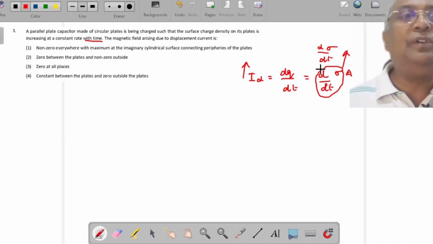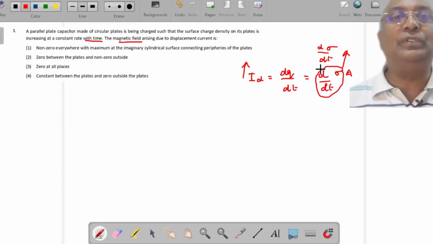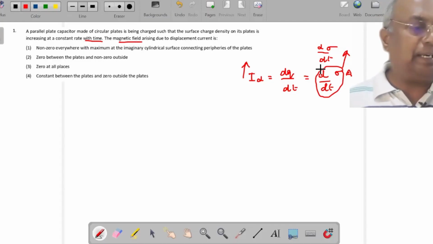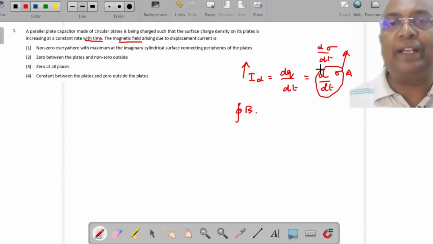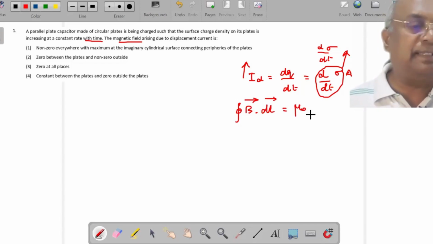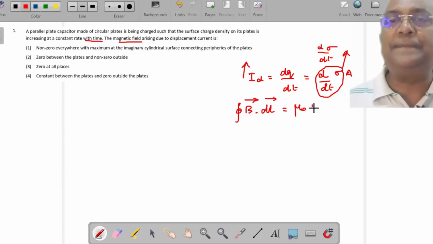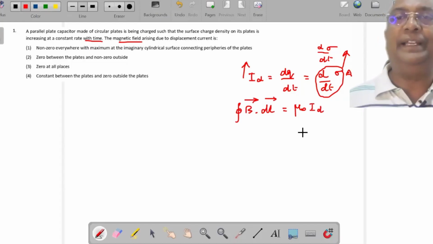And now we wanted to know about the magnetic field arising due to the displacement current. We'll come to the magnetic field area. The closed integral of B vector dot dl vector equals mu naught (I plus I_D); here only the displacement current I_D is taken.